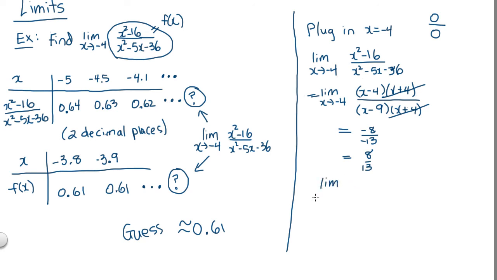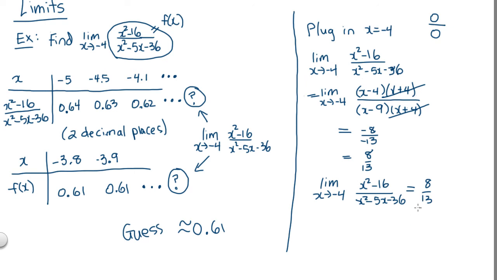So we could write the limit as x goes to -4 of x squared minus 16 over x squared minus 5x minus 36 is equal to 8 over 13.